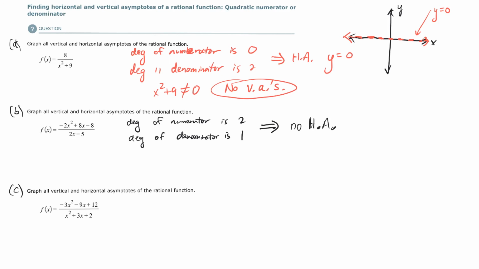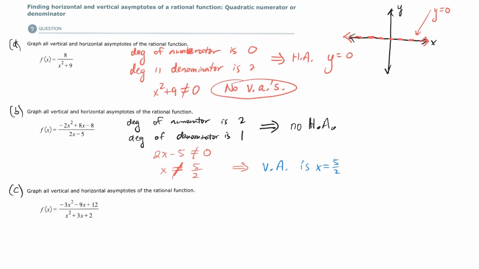No horizontal asymptote here. But do we have any vertical asymptotes? Yeah. To find a vertical asymptote, we already know that 2x minus 5 can't be 0. So x cannot be 5 halves. Well, that actually will help you yield that the vertical asymptote is x equals 5 halves.